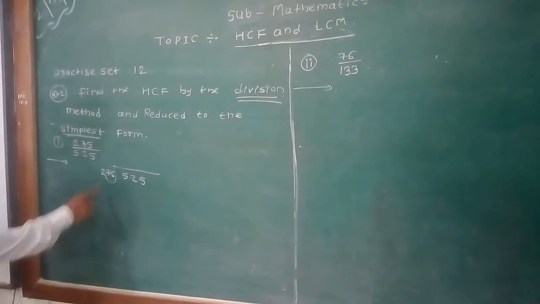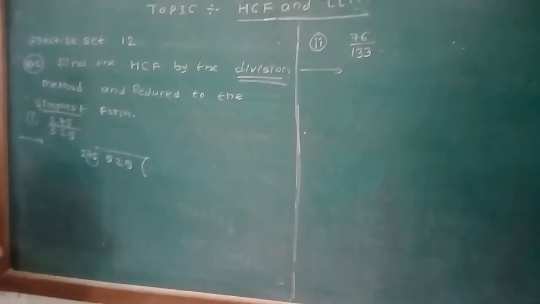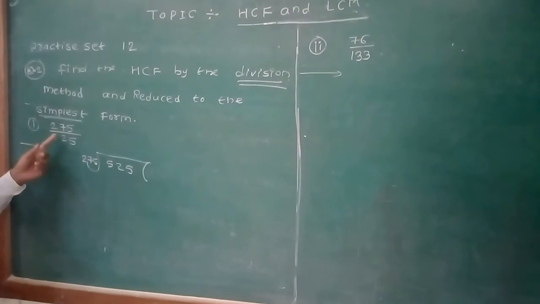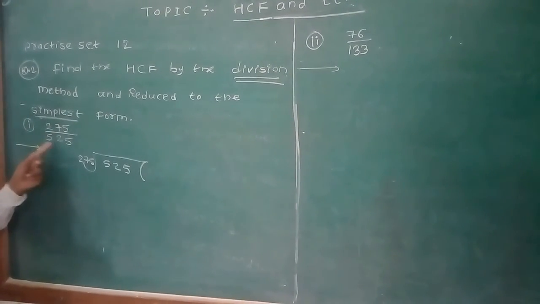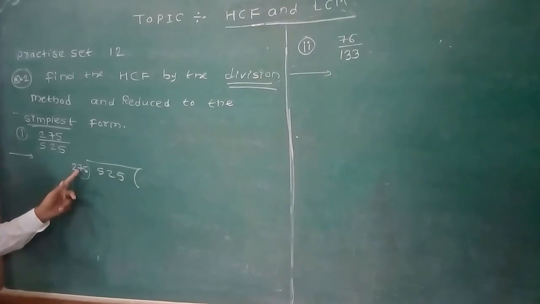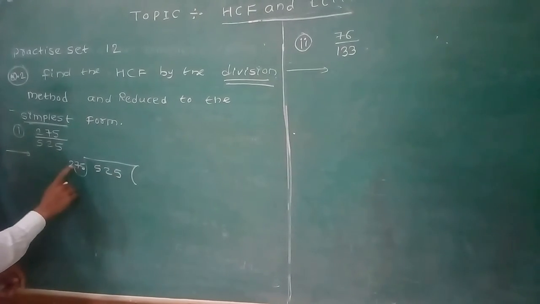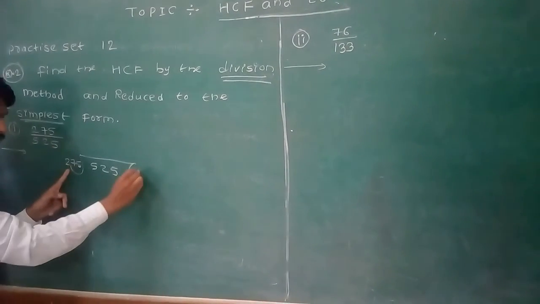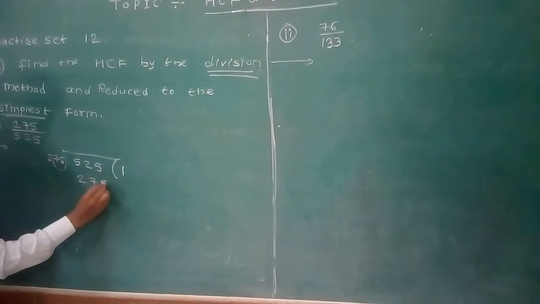So 525 divided by 275, we get quotient 1, and here we get 275.